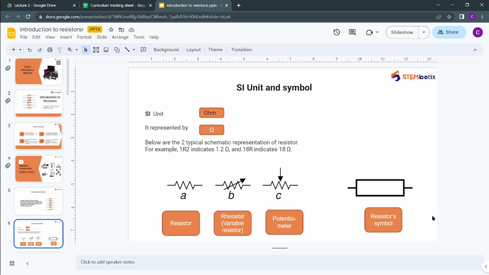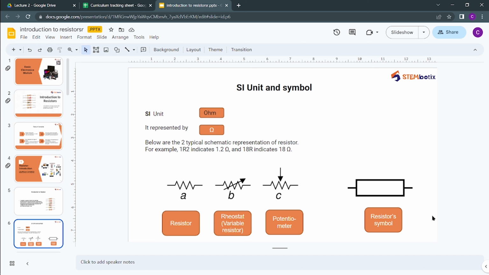Its SI unit and its symbol. The SI unit of resistance is ohms, and as you can see in the box, this is how its SI unit is represented symbolically. As you can see in the picture, there are three different schematic representations of a resistor.